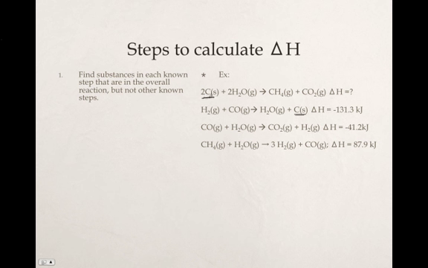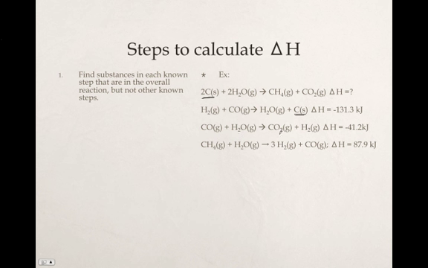and it's in our step, but it's not in any of the other steps. So we've got that one substance there, and you need a substance in each step. So carbon monoxide, still not a good substance. Water, still not a good substance.